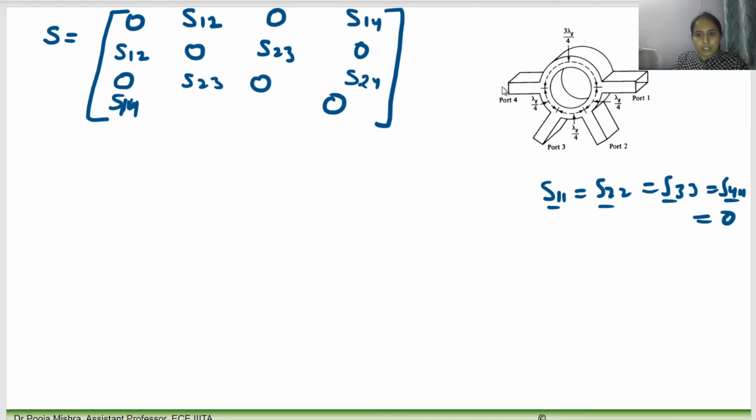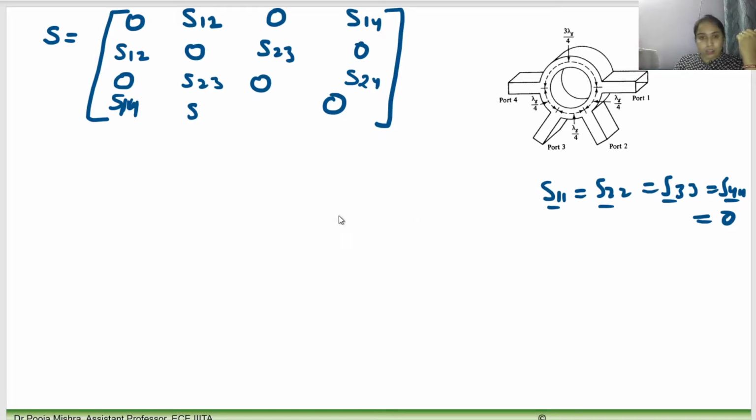If you send the signal from port 4, it will appear from 1 and 3, not from 2. So S24 will be 0. Okay, so this will be S34.